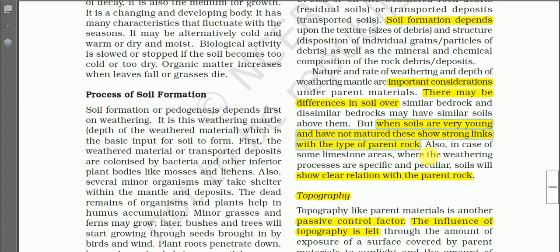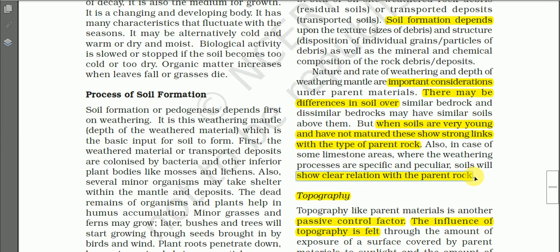However, if it is a transported one, then there may not be similarity. The bedrock, the parent rock, and the soil may be different in characteristics. In some limestone areas, where weathering processes are specific and peculiar, soils will show a clear relation with the parent rocks.